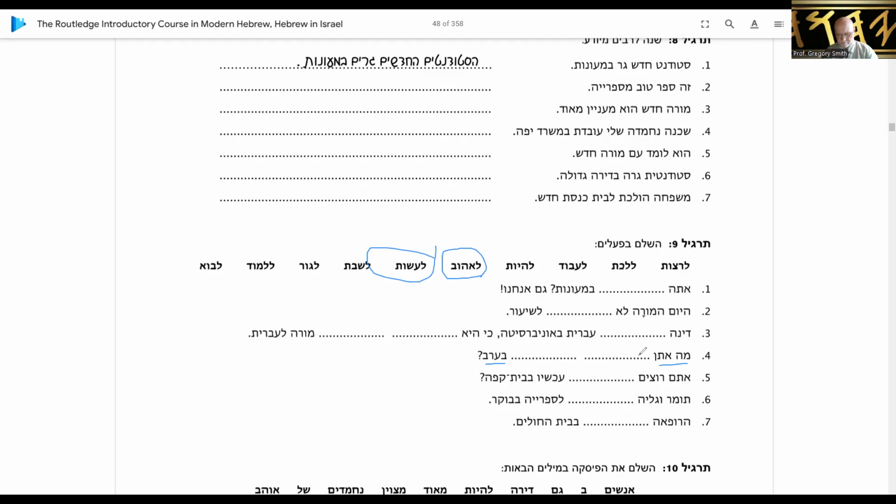Yeah. מה אתן אוהבות לעשות בערב? Okay, so why are we using a form of ahav? Why are we using ohavot? Because we're using aten. You see the aten there, that's feminine plural. So it's going to be ohavot, I believe.